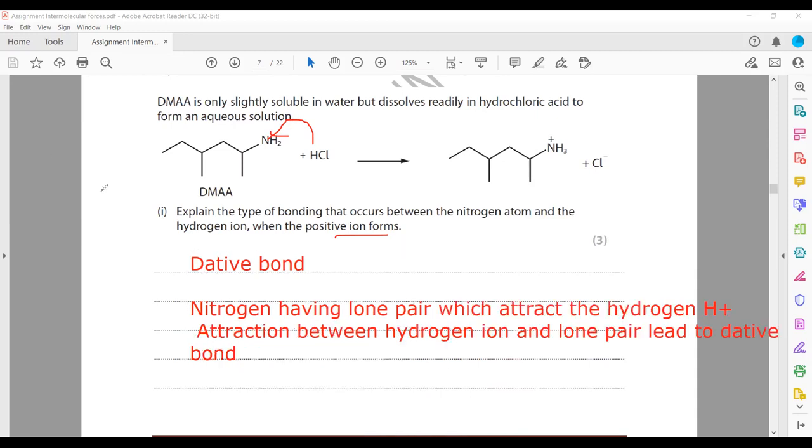So it is like NH2, there is a lone pair here, and because HCl acid is a proton donor, it will donate its proton, H plus ion, and this H plus ion is attracted towards the lone pair and leads to formation of a dative bond.